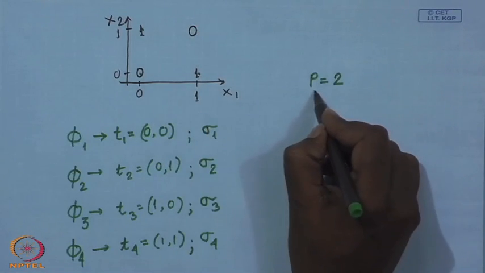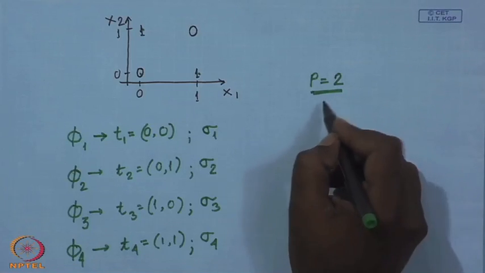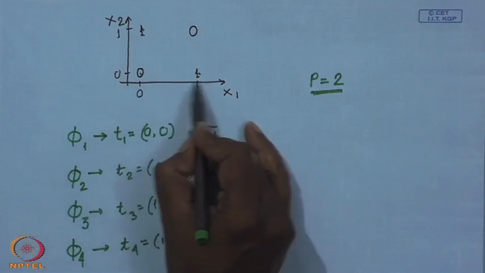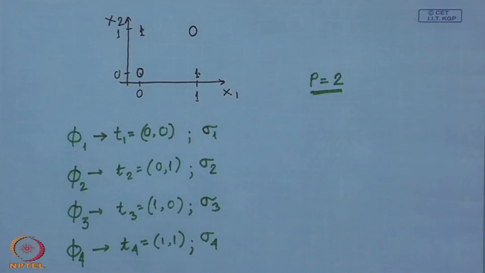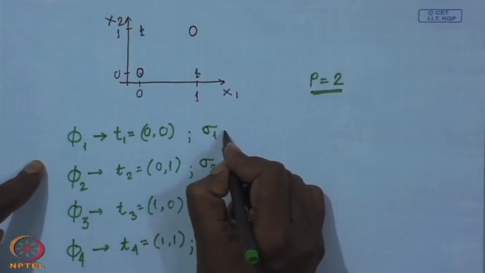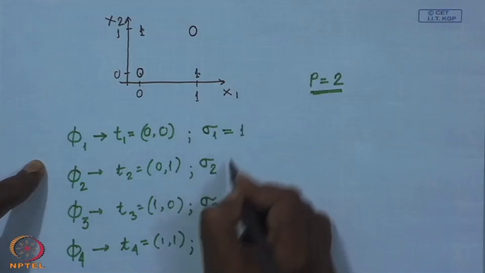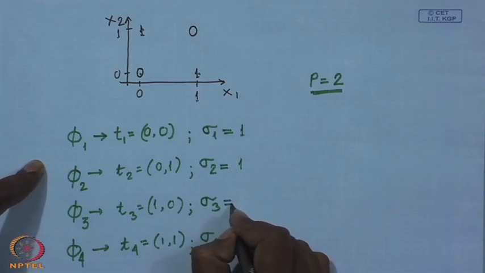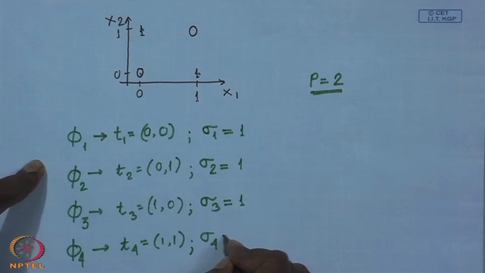So, when I take p equal to 2, I have to take two nearest neighbors, both of them are at distance 1 and the root mean square distance of these two distances will also be equal to 1. So, I have spread sigma 1 equal to 1, sigma 2 also equal to 1, sigma 3 also equal to 1 and sigma 4 also equal to 1.